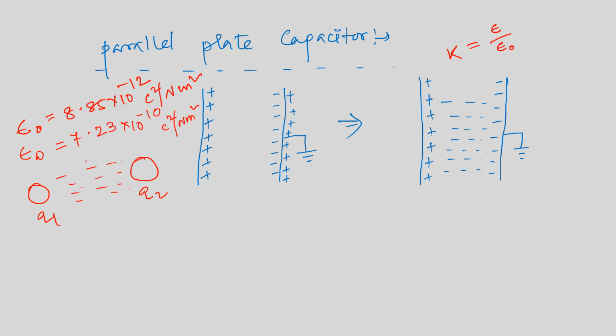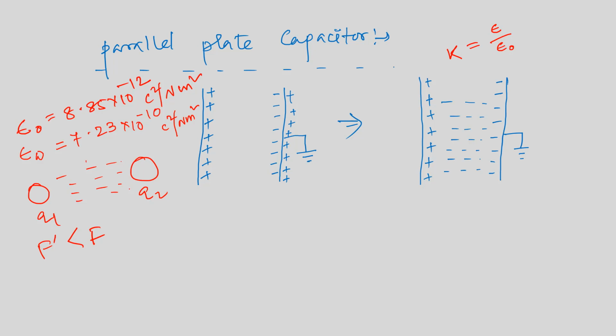Whenever the charged particles are placed in free space, the force of attraction was F. Whenever they are present inside water, the force of attraction, F dash, is less than F. One small example I have taken like this, and thus you can understand the effect of the permittivity on the force of attraction or on the electric field.